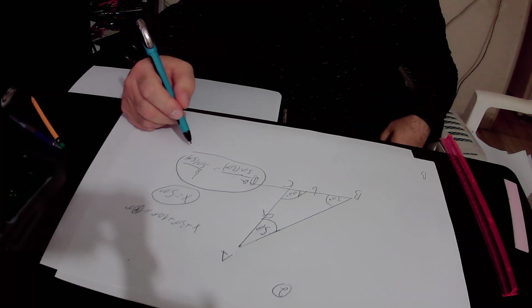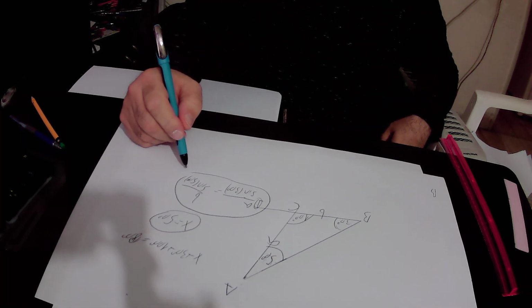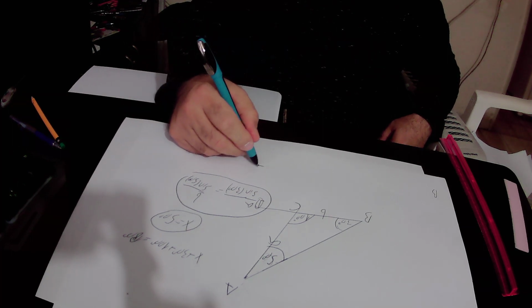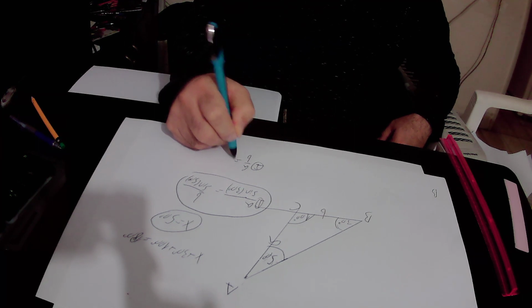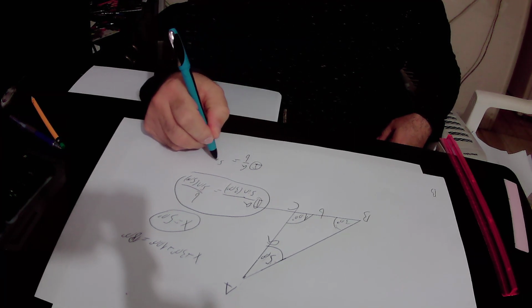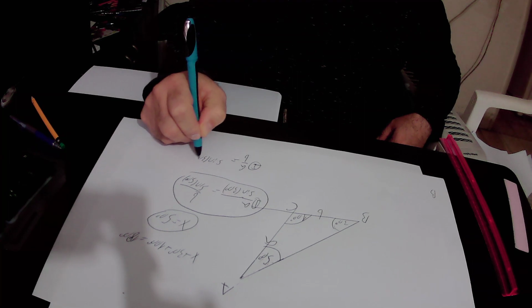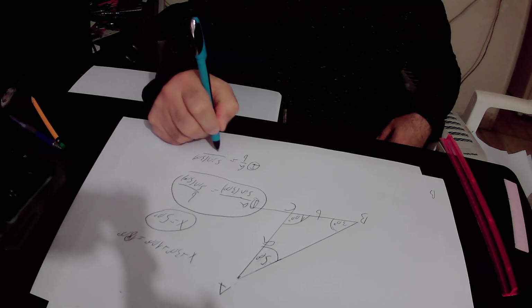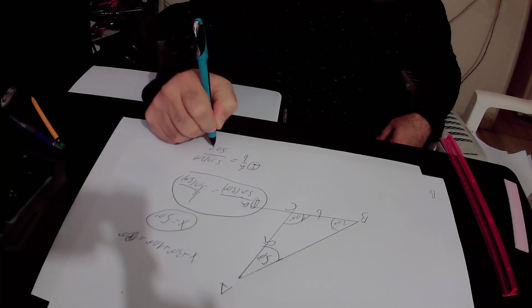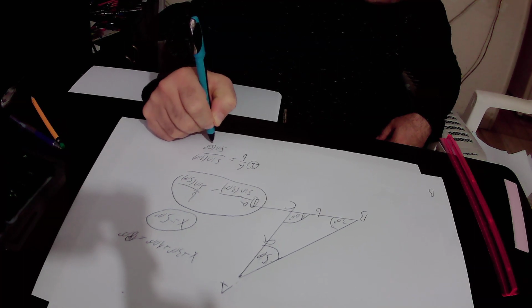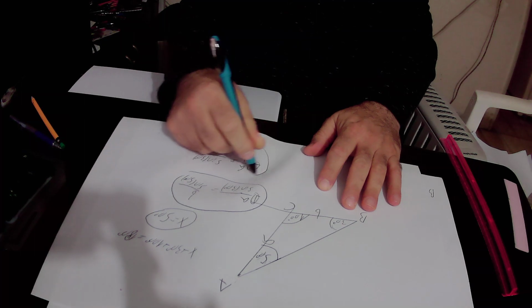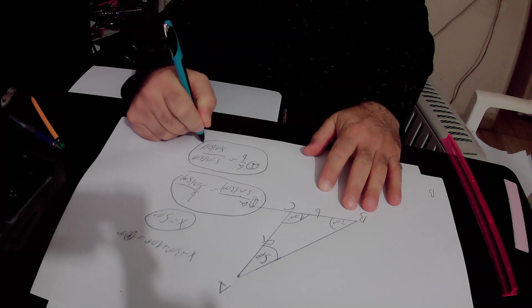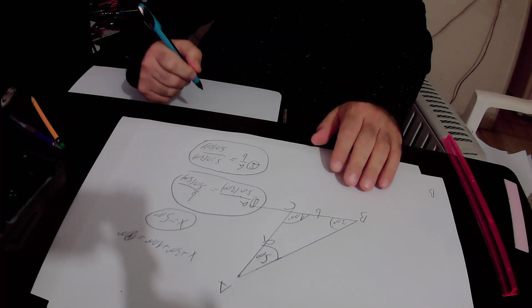Here we will divide equation number 1 by B and then multiply it by sine of 30 degrees, and we will get that A over B equals sine 30 degrees over sine 50 degrees.